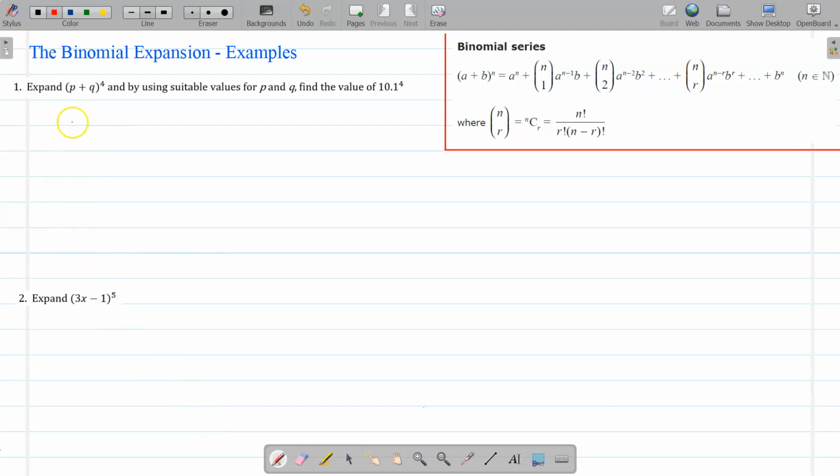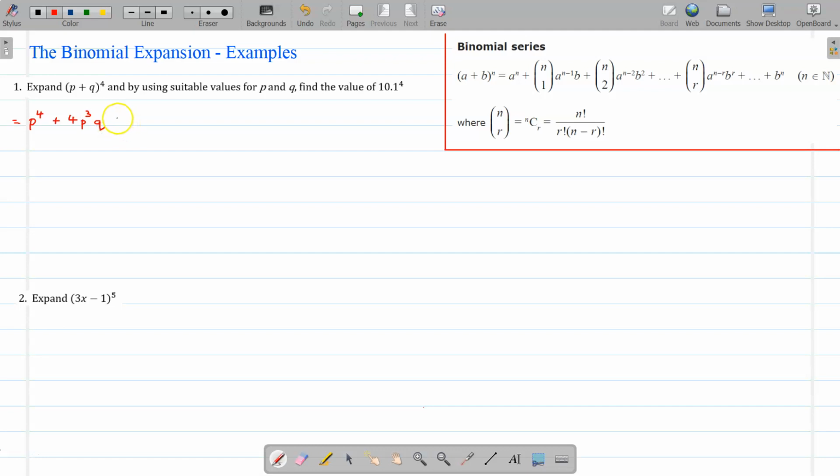Let's just start with the expansion first of all. So p plus q to the 4 is going to start with p to the power 4. Then we put into the calculator 4c1, which is just 4, so it's 4 lots of p cubed times q to the power 1.